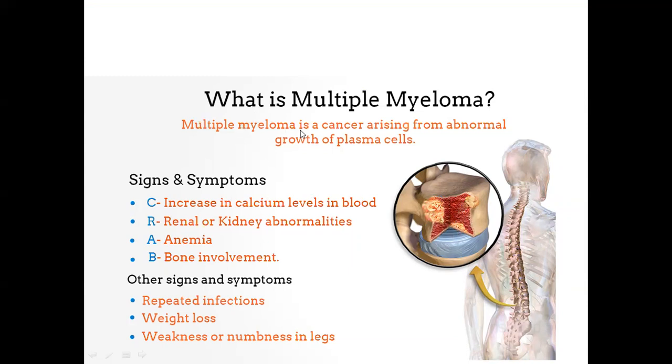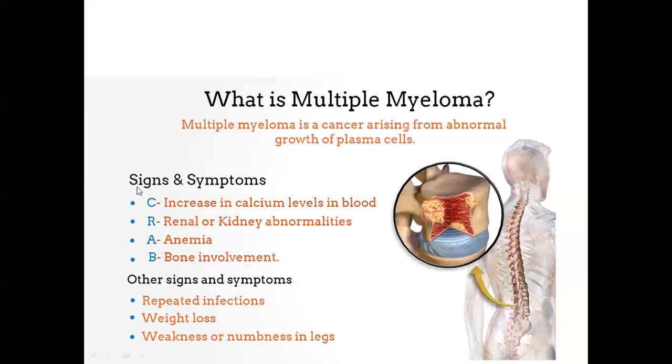So multiple myeloma is a cancer arising from abnormal growth of plasma cell. The common signs and symptoms: increased calcium level, renal or kidney abnormalities, anemia, and bone involvement.